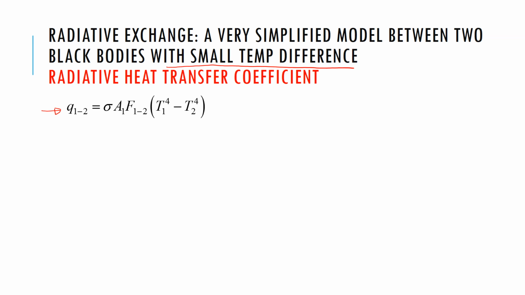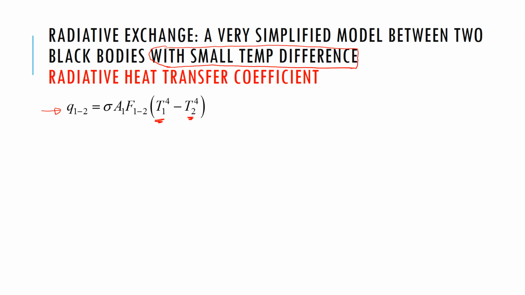Notice that the temperatures are raised to the 4th power. Thus, even small differences in temperature would cause a significant difference in these two terms. So what we are about to do is true only for small temperature difference.